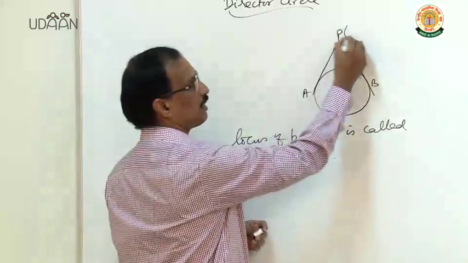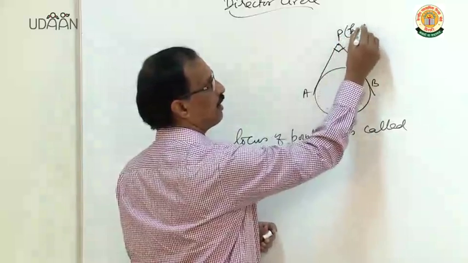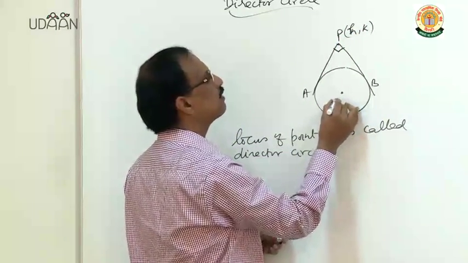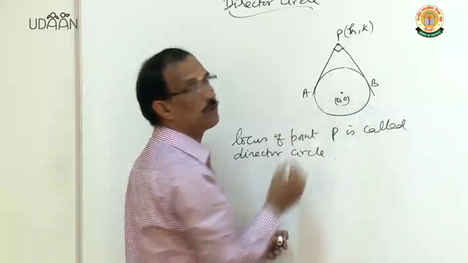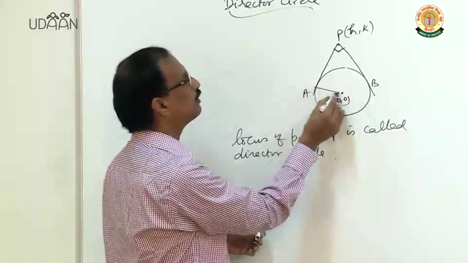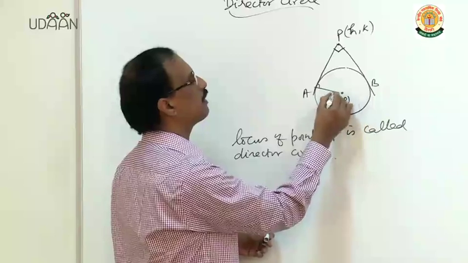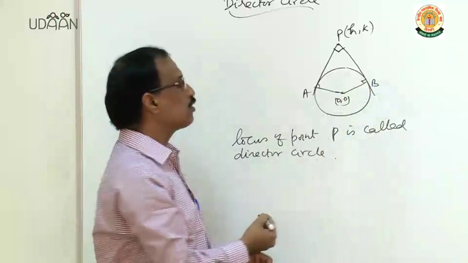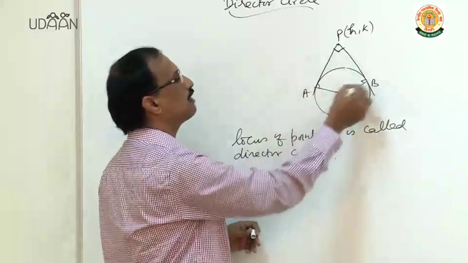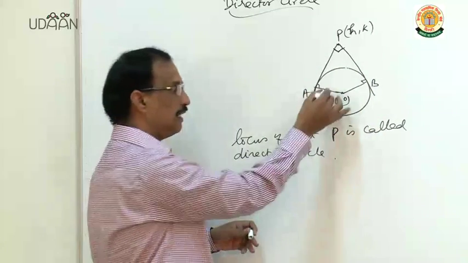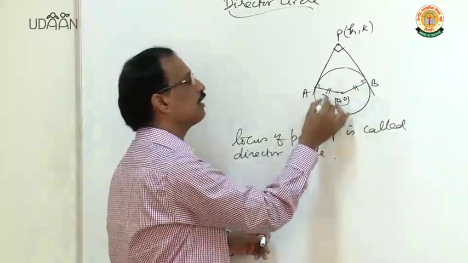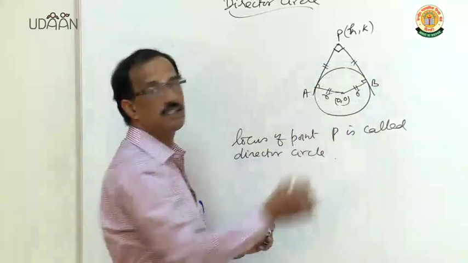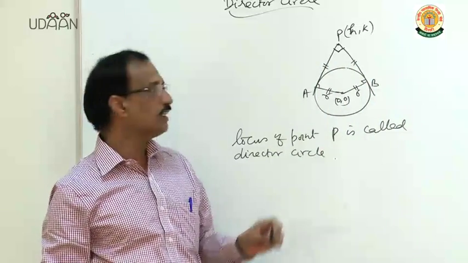Suppose we take this point as (h, k) and the center is (0, 0). We know the radius is perpendicular to the tangent, and this is perpendicular too. So all the angles are 90 degrees, and tangents from an external point are equal.